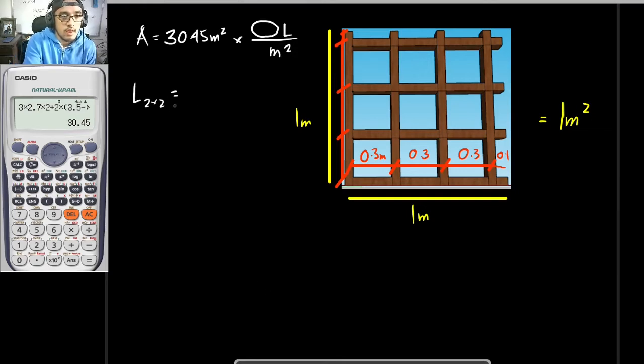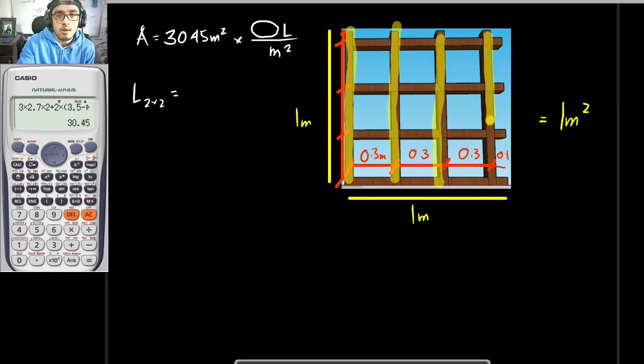So for the length, let us count each full one, I will just highlight it. So this is 1 meter plus 1 meter plus 1 meter plus 1 meter. So that is 4 meters. So 4 meters plus, what would this be?